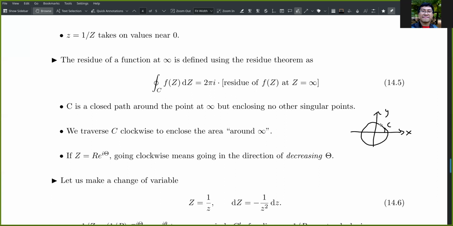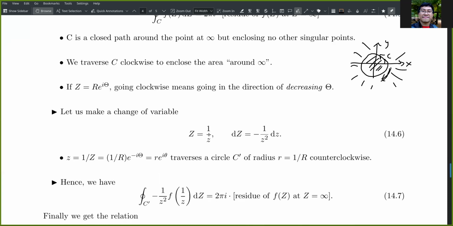If we traverse counterclockwise, it is always that our area of interest is to the left of our arrow, so it would be this. But if we traverse clockwise, the left is outside the circle, which would now include infinity. If we set Z equals re^(iΘ), it means that we are going in. So if it's counterclockwise, we are decreasing theta.